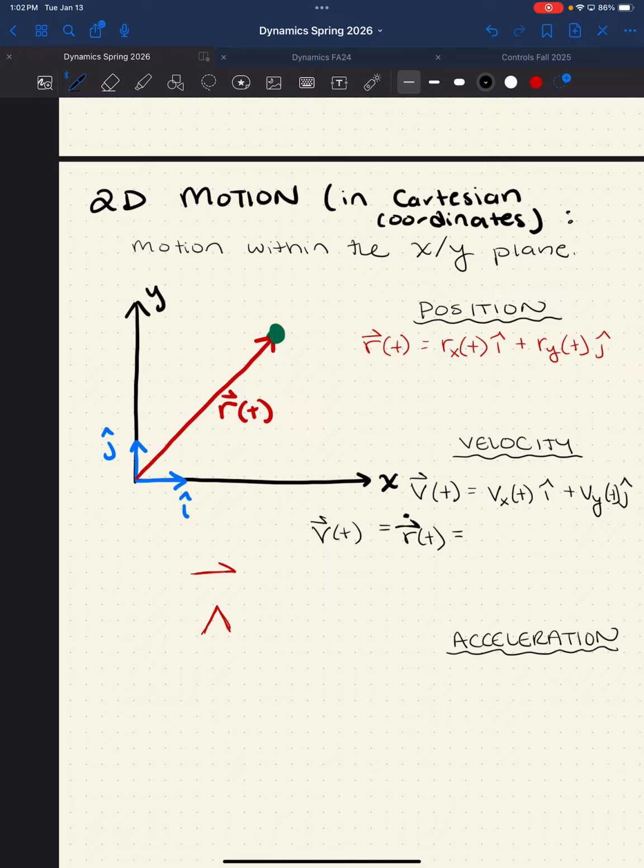Absolutely true. I can even decompose each component that way, and I can say that, in fact, vx is equal to drx dt, the time derivative of this component, plus dry dt. These are all different ways of writing the exact same thing.